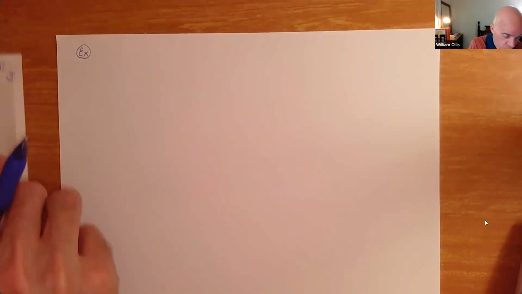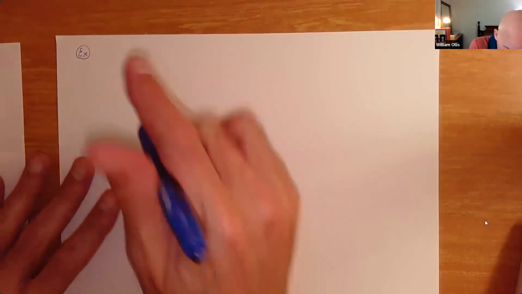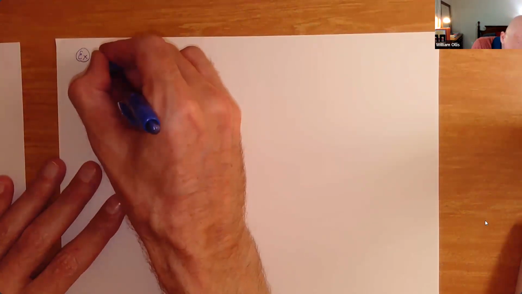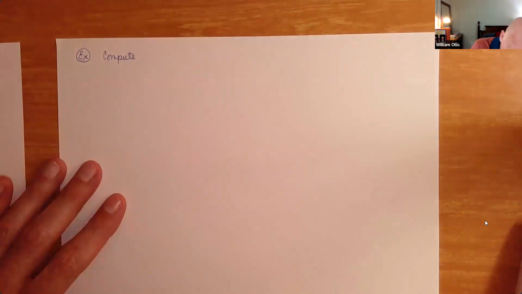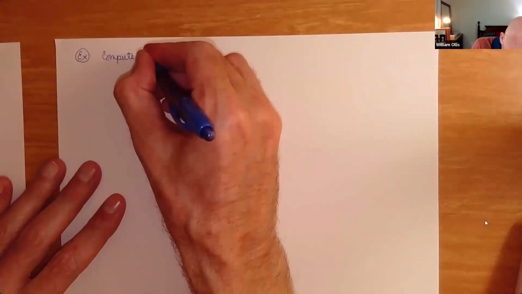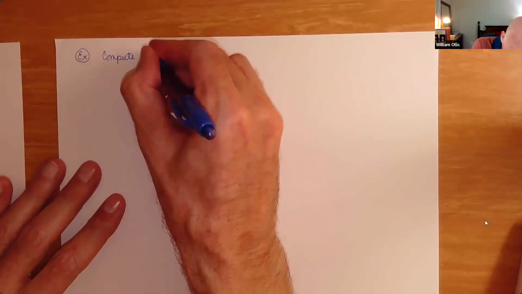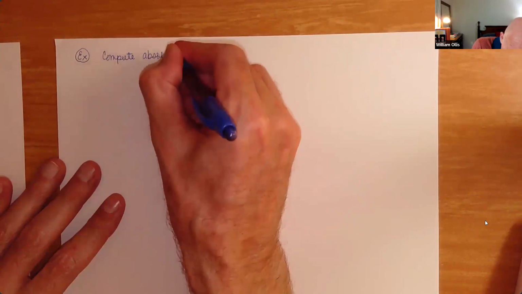Now, the first one I'm going to do, I'll do another algebraic example, but I just want to do a simple trig example that I don't think is going to be a surprise. So what we want to do is compute, then I'll go back to the algebraic one, compute absolute extrema.